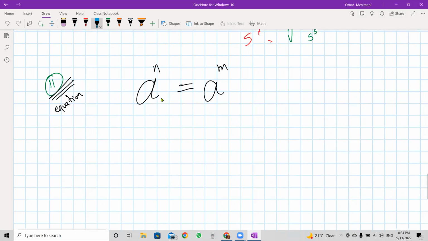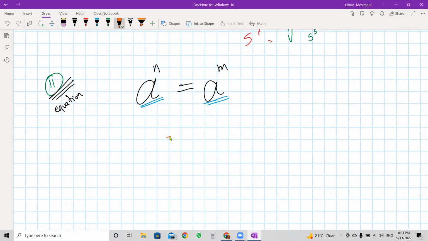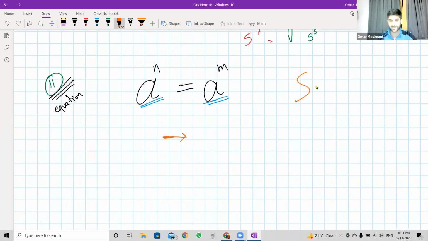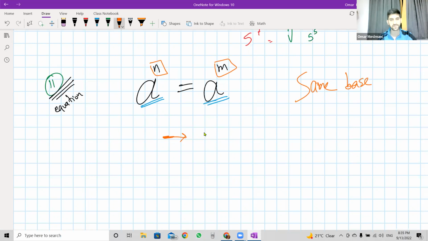Look at what I'm saying: a to the power n equals a to the power m. It means this. Now, do you have the same base or not? Yes. So if you have the same base, then the powers have to be equal.